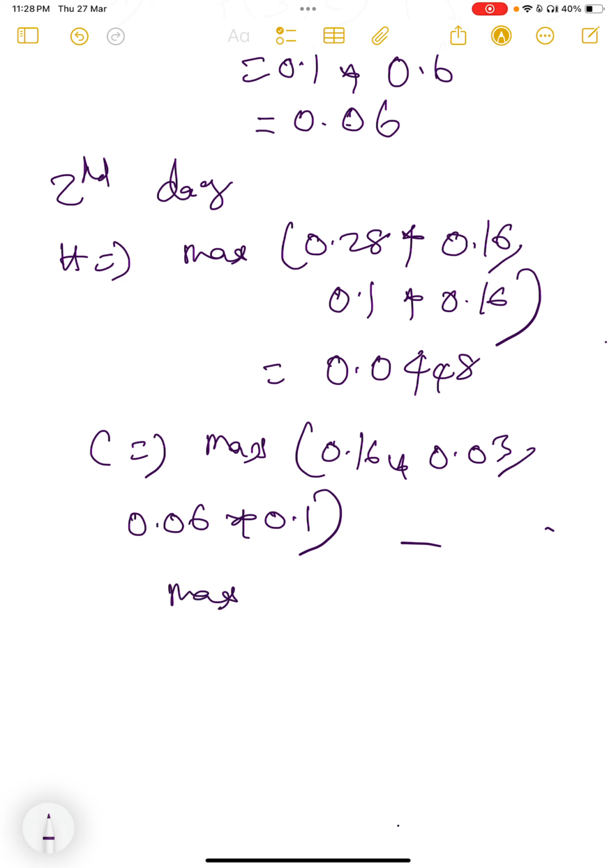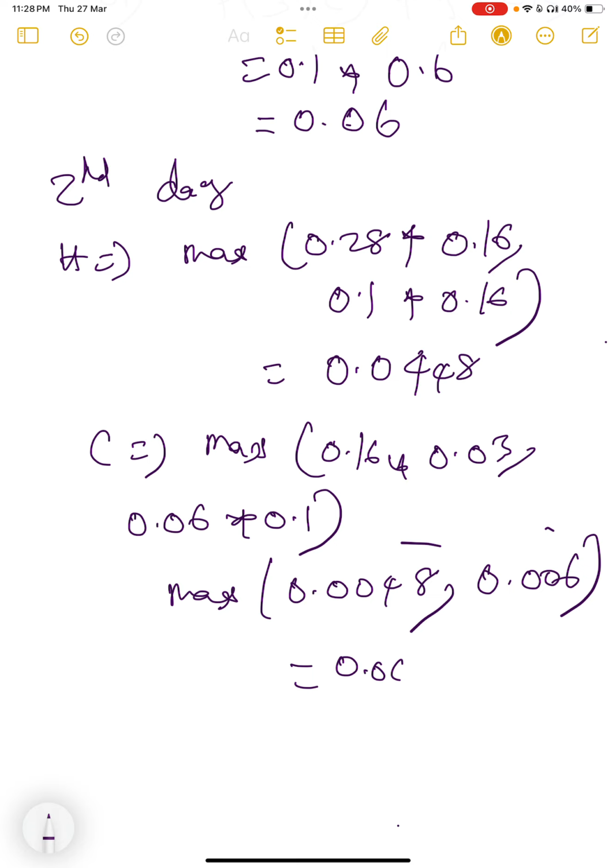So it should be max of 0.0048 and 0.06 into 0.1, which is 0.006. That should be the maximum, so it should be 0.006.